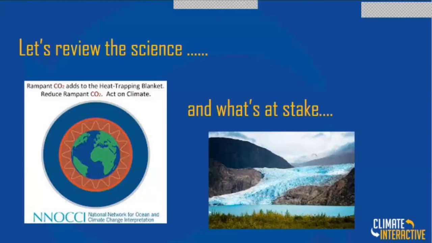So that's what we're looking at in the science: how does that carbon dioxide get into the atmosphere, and what has been the change that has increased the spike of carbon dioxide? And what's at stake is how the natural processes are going to be affected here on the planet, down at the ground level. Here we have a picture of a glacier as it's meeting a water source.